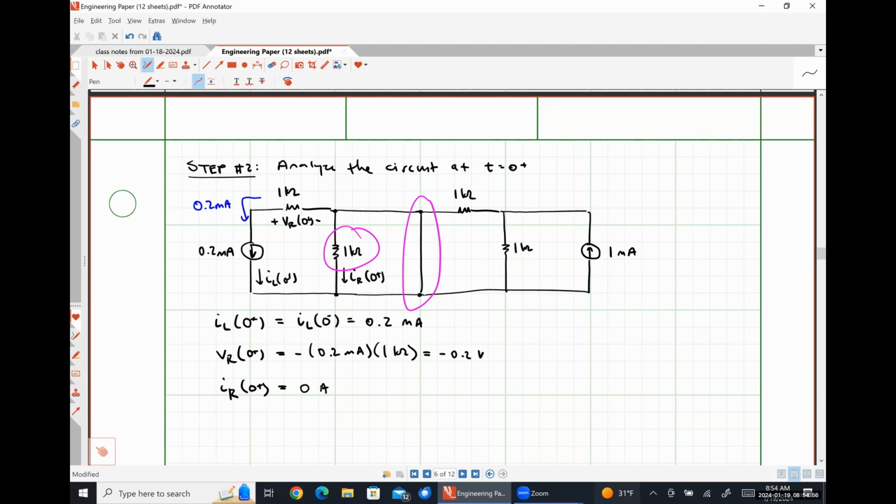So I'm going to say yes, but very slightly conditional. What I mean by that specifically is that the inductor current at 0 plus has to be whatever the inductor current at 0 minus was. What if there was no current flowing through the inductor at 0 minus?